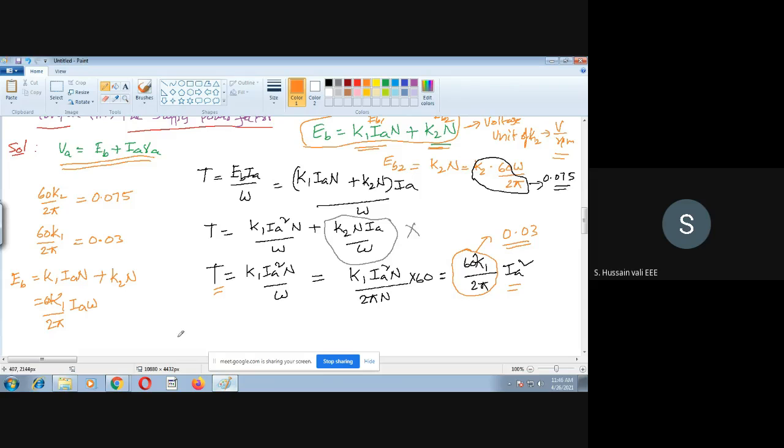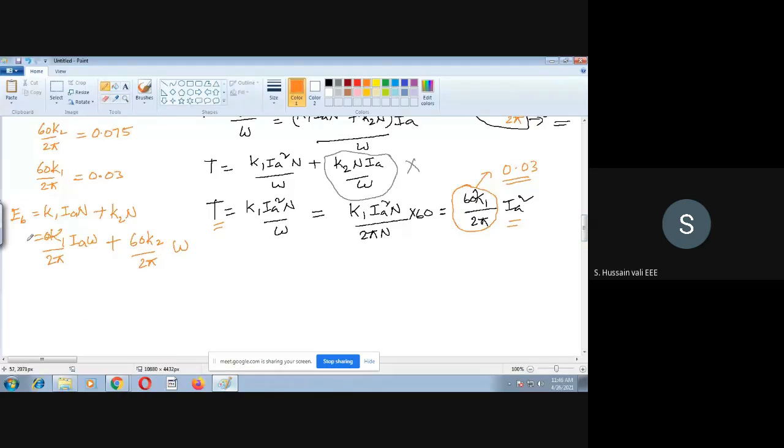I hope you understand, because 2 pi n by 60. Plus this also I can write as 60 K2 by 2 pi into omega. So I have written EB in terms of this. Now what you must understand is that this value we know, this value also we know, so we will substitute now.